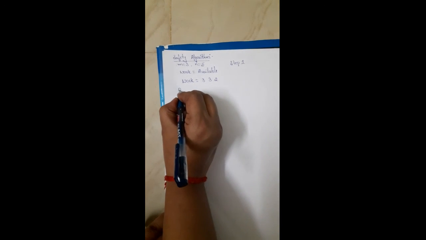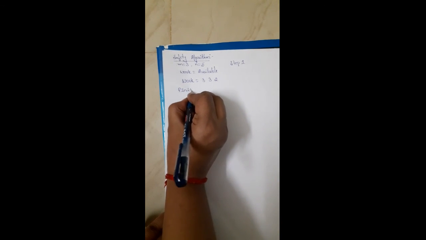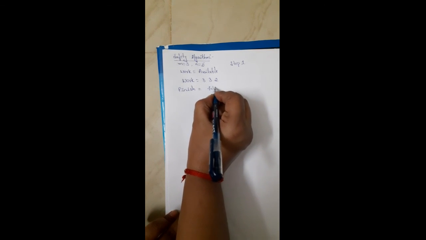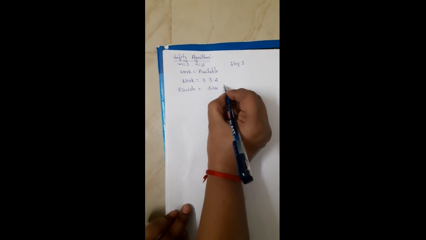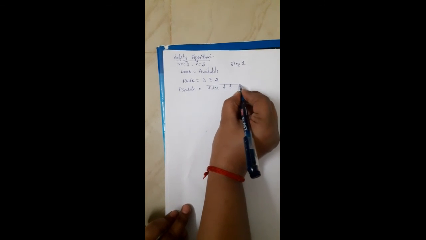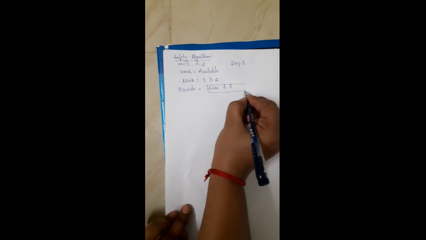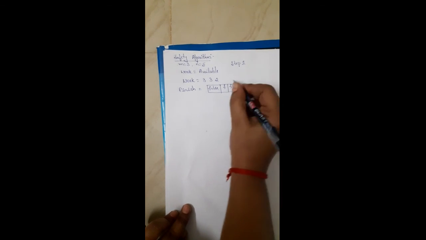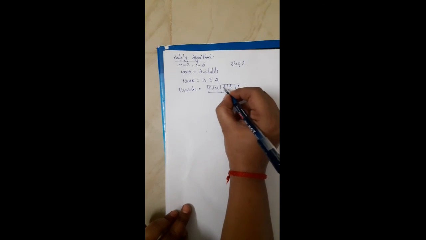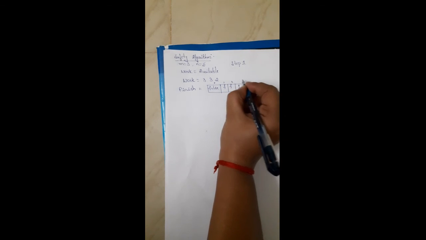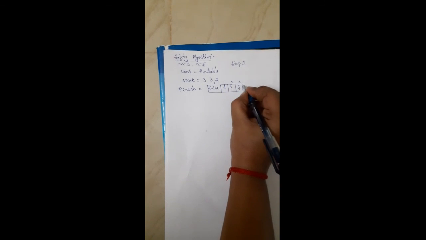The next thing given in the first step is finish is equal to false. For all i values, we are assigning finish equal to false. I have written false, and I am just mentioning it as FFF. False, false, false, for i equal to 0, 1, 2, 3 and now 4.